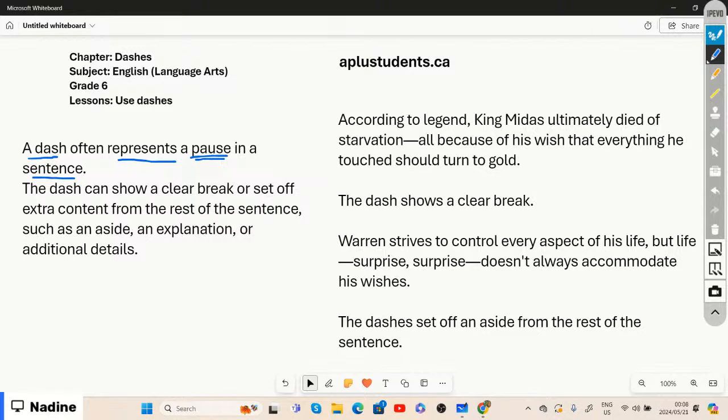Remember, we cannot read or write something without any forms of punctuation. A dash is also a form of punctuation. It's not just your normal commas and periods and exclamation marks and question marks. A dash is also a punctuation mark, and it also represents a pause.